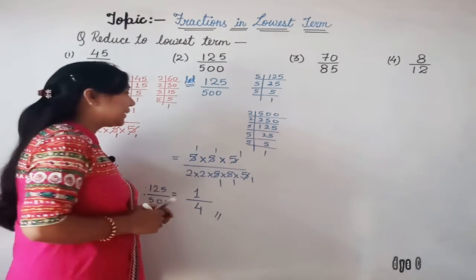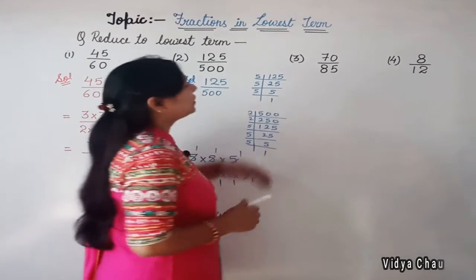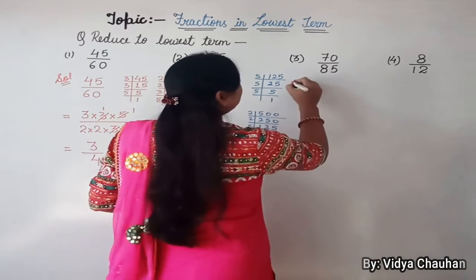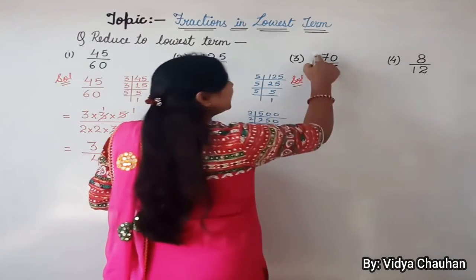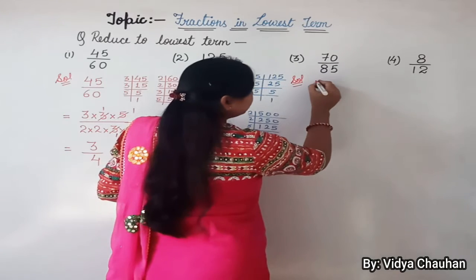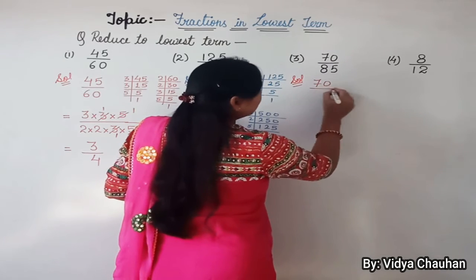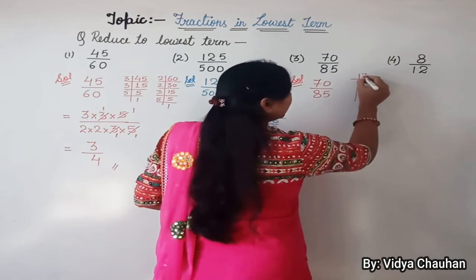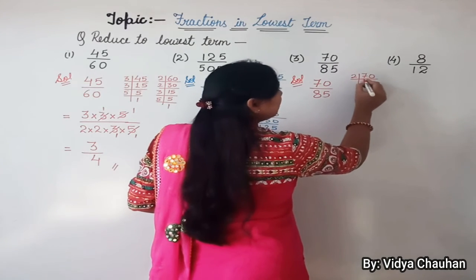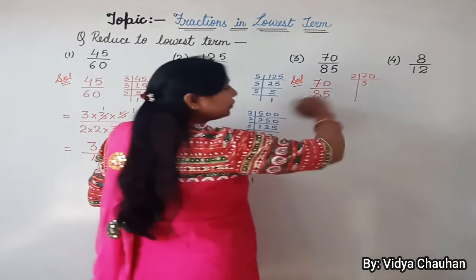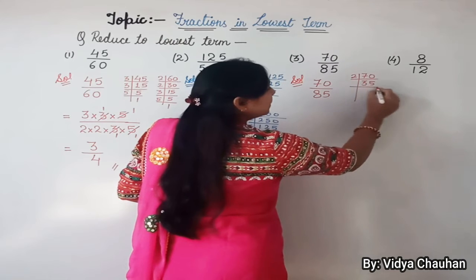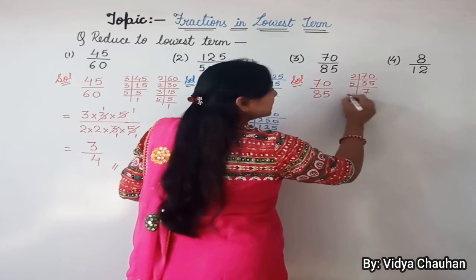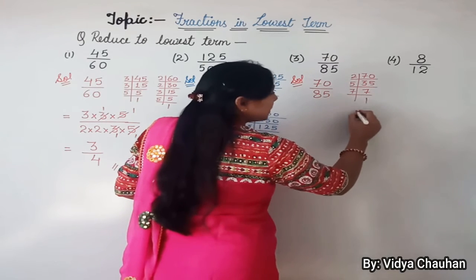Clear? Okay. So now let's move to the third part, in which you have to find the lowest form for 70 upon 85. So 70 upon 85, the method is the same. Find the factors of 70 very first, dividing by 2, 2 35s are, dividing by 5, 7s are, now 7 1s are.